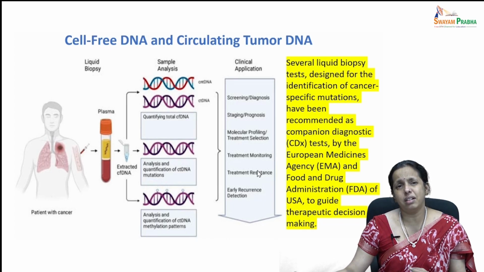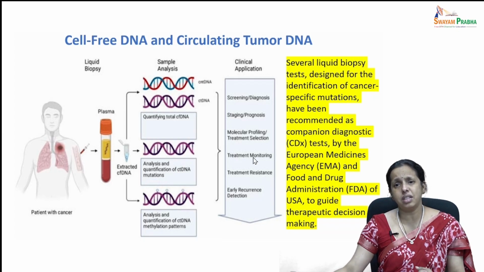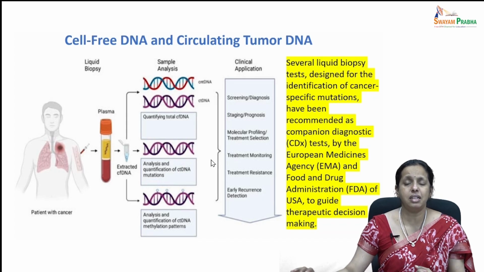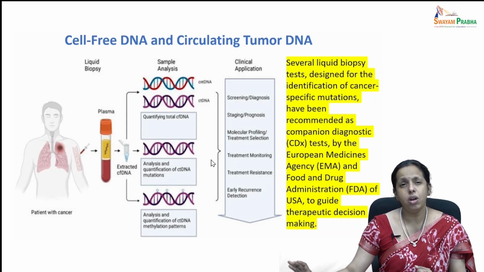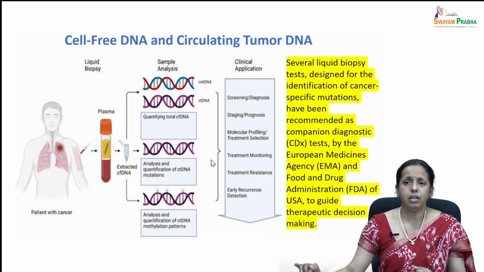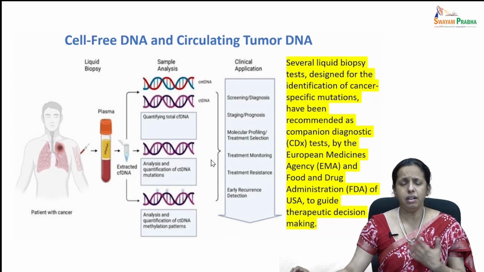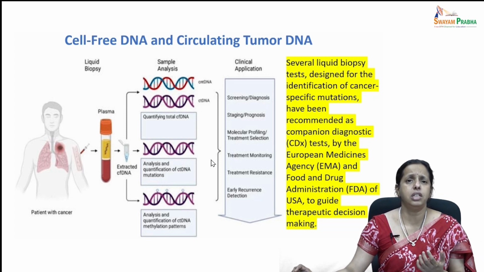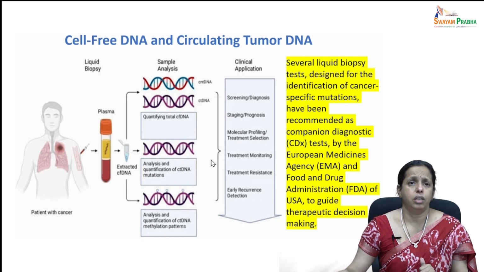The important disadvantage is that it has a very short half-life, ranging between 16 minutes and a maximum of 2.5 hours. It is cleared from the circulation via nuclease action, and it is excreted into the urine.